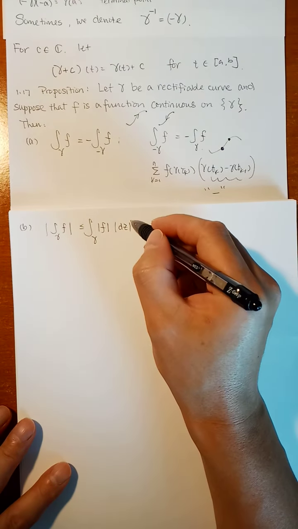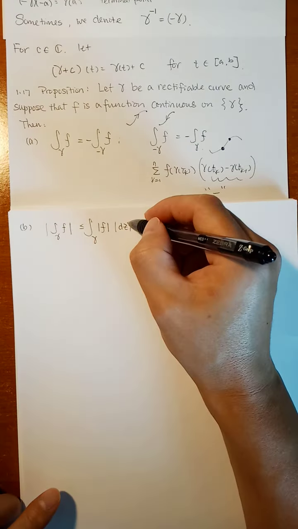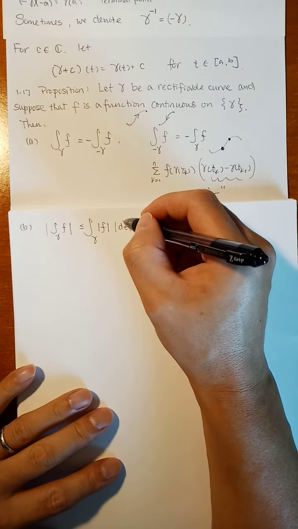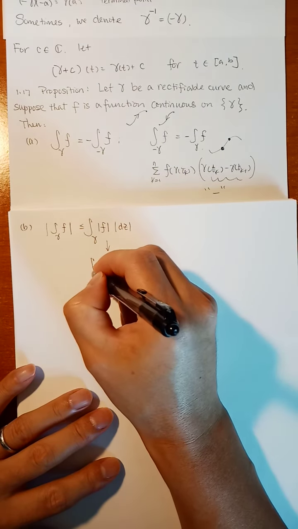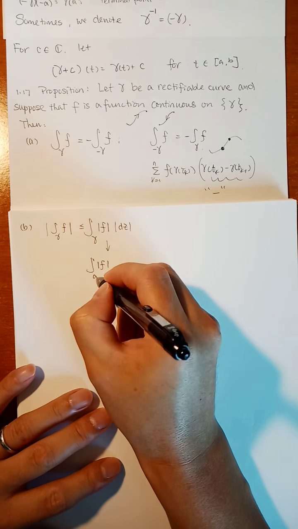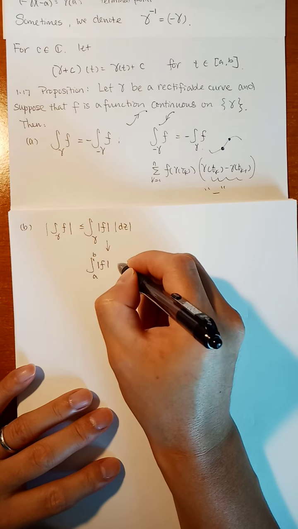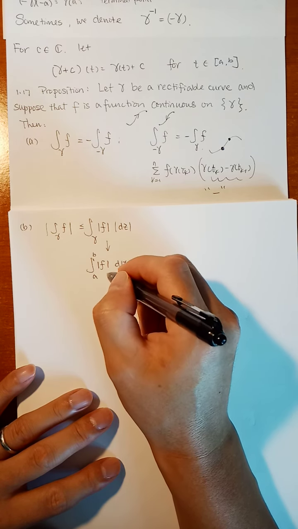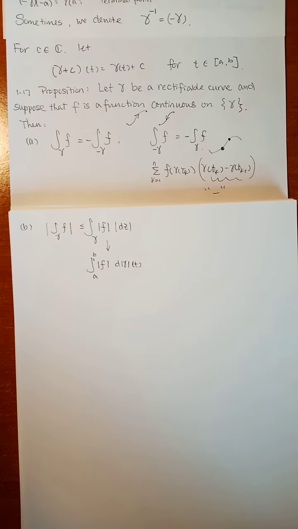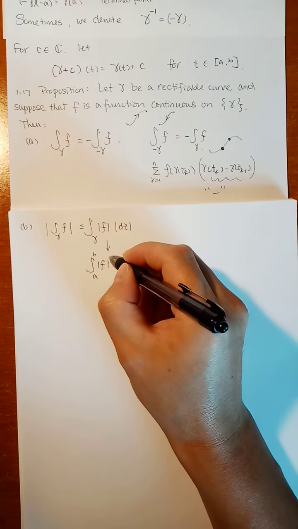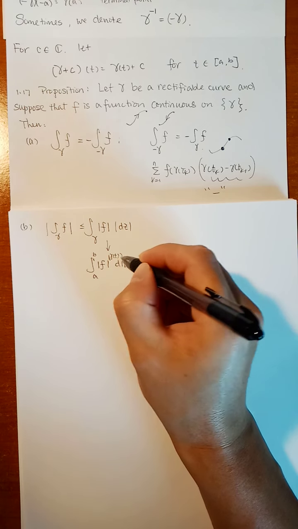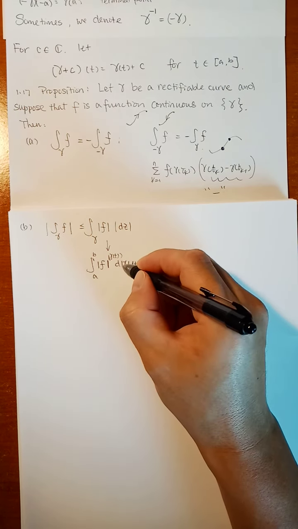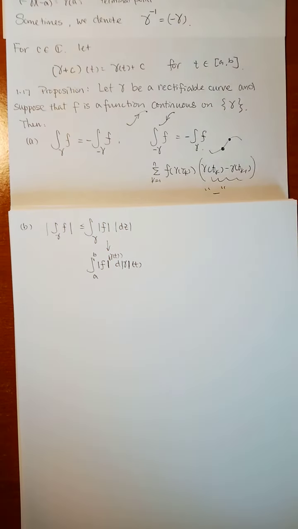And of course you have to understand what the absolute value of dz means. This just means, remember, the integral from a to b of f evaluated at gamma of t, times the absolute value of d gamma of t. If you want, you can put the more complete version, but to emphasize this part, we need this.